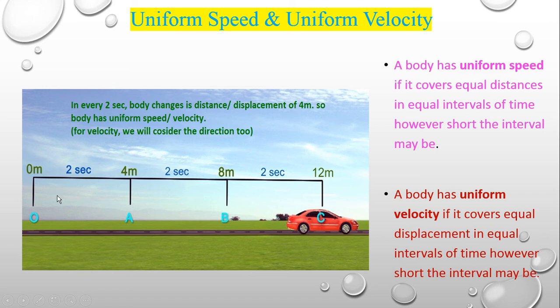So you can see here, in every 2 seconds, body changes its distance or displacement of 4 meters. So body has uniform speed or uniform velocity. For velocity, we will consider the direction too.